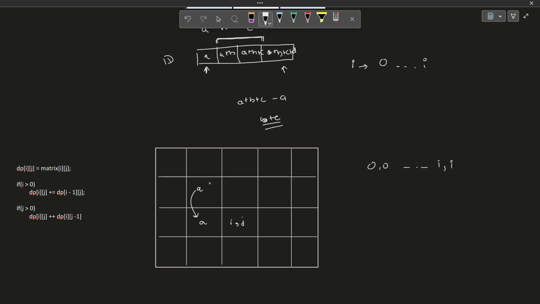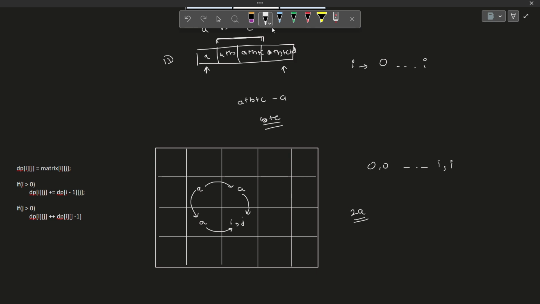Whenever I was in this cell, I would have added j minus 1 from this position. Similarly this a would have also traversed to this cell, because when I was at this cell, I would have added the value by i minus 1. Now this a is communicated here and here as well. So instead of a being present only one time, I actually have 2a now, right.